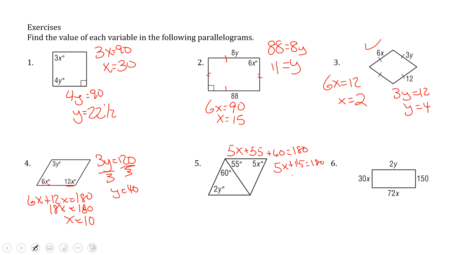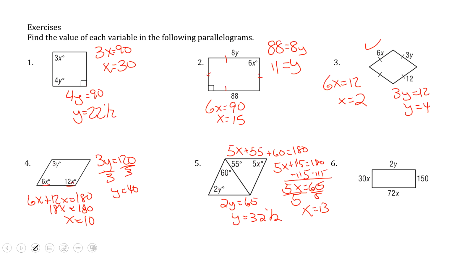Subtract 115 from both sides. And it was 5x equals 65. So x equals 13. But now I also know my 2y angle has to equal 65. So that makes y equal to 32.5. Everybody see that?